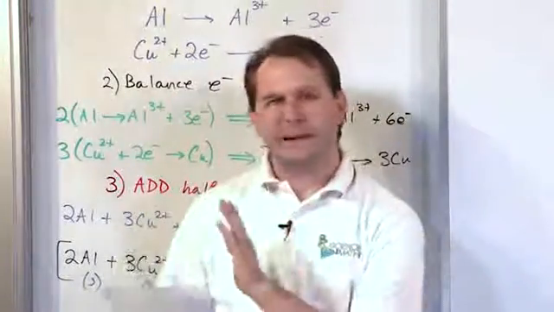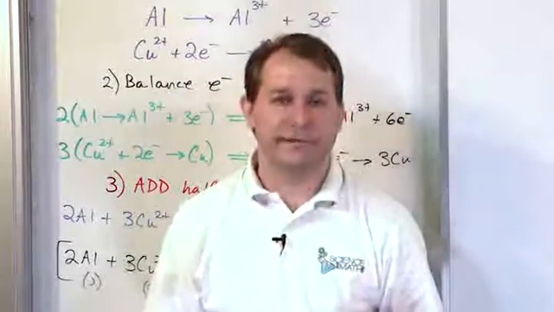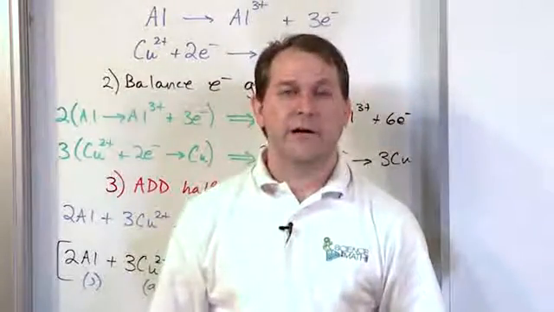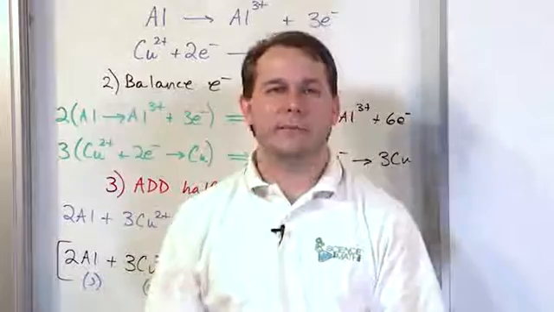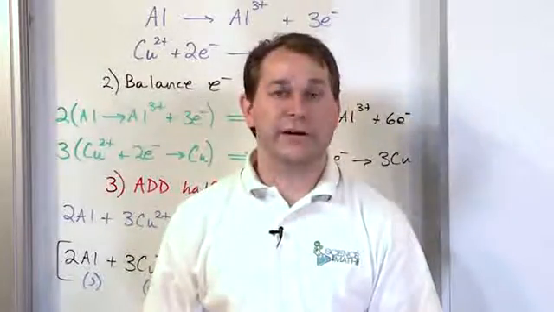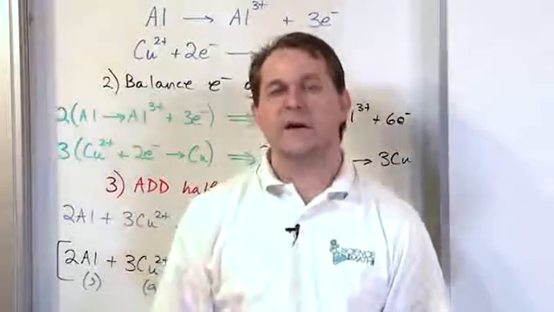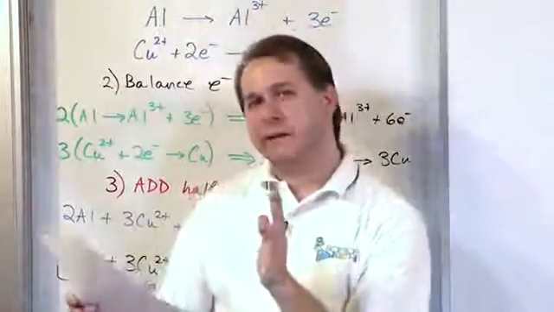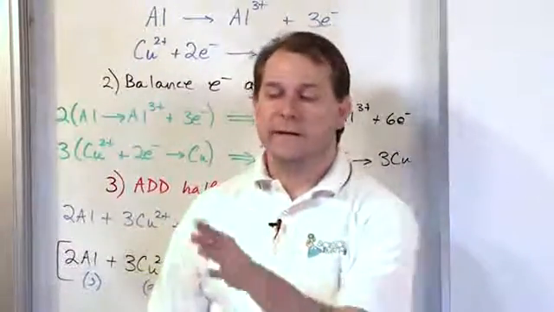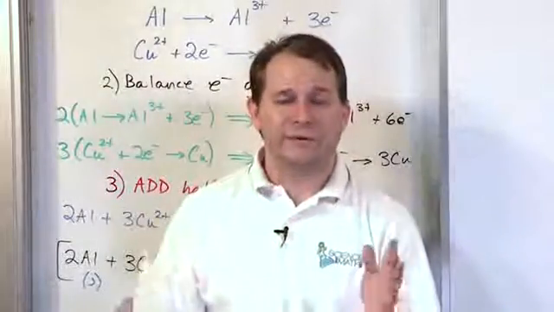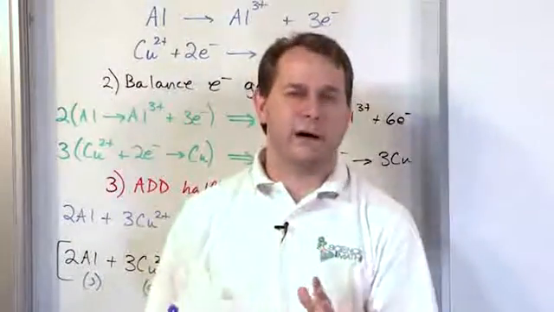This process is basically going to be the same, but we'll add a few more steps to it in the next section to show you how to handle any type of redox reaction with electron transfer, even if it has oxygens and hydrogens, and even if it's a little more complicated to balance. So this is kind of like the skeleton of the method. In the next section, we'll learn the granddaddy full method, which is just all this stuff with a couple extra things.